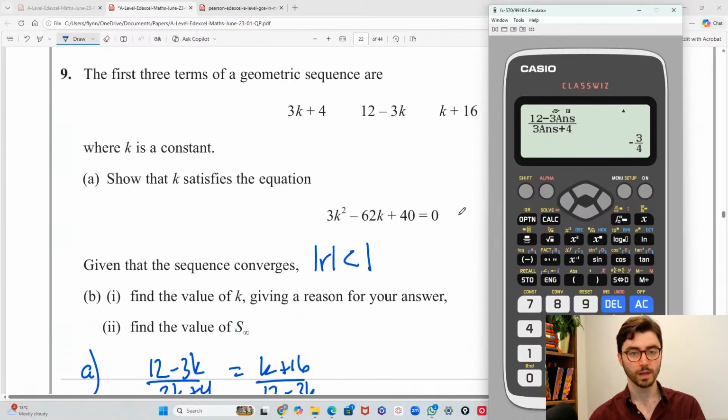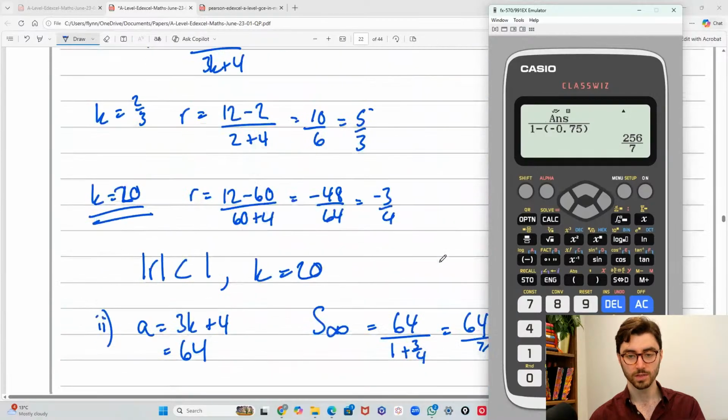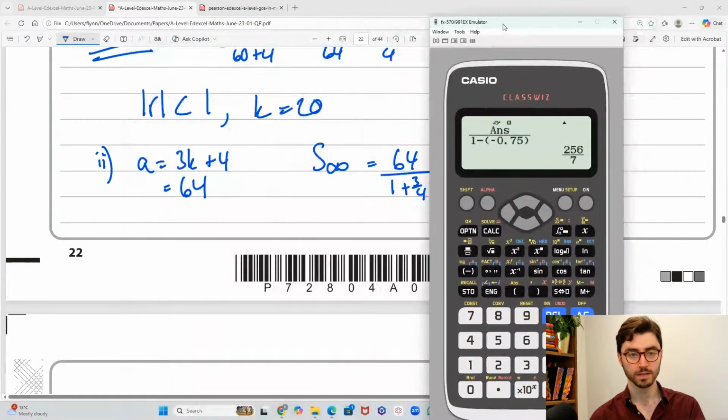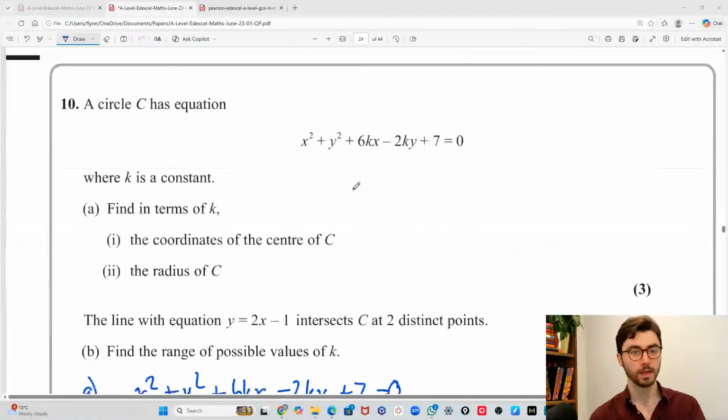Great. And when k equals 20, 3 answer plus 4 is a, and then a over 1 minus the minus 0.75 that we found does give me 256 over 7 as the sum to infinity. Great. 10.